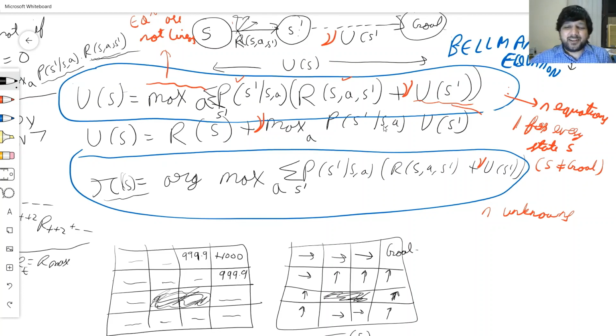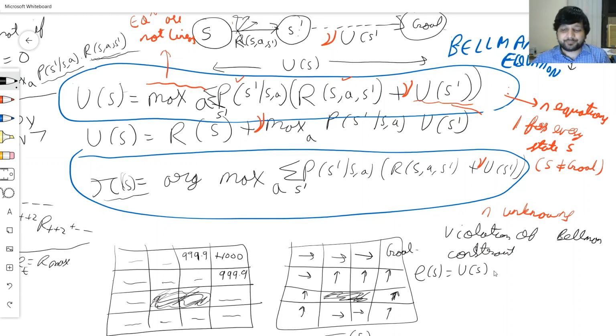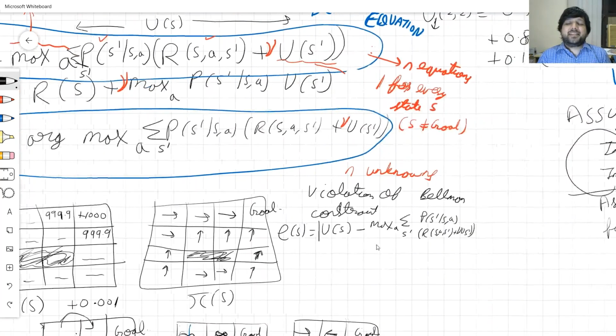So if this equation is violated, the violation of the Bellman constraint is just this minus this, absolute value, of S dash plus gamma times U S dash. That's the constraint it will have.